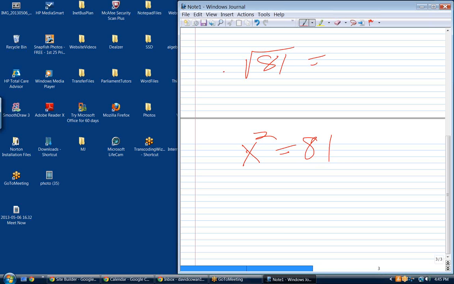X equals 9. Plus or minus 9. Plus or minus 9. Notice the difference. This is definitely plus or minus 9, and that is 9. Because when you write the radical sign, it's presumed that we're talking about the plus result. Okay? Alright.